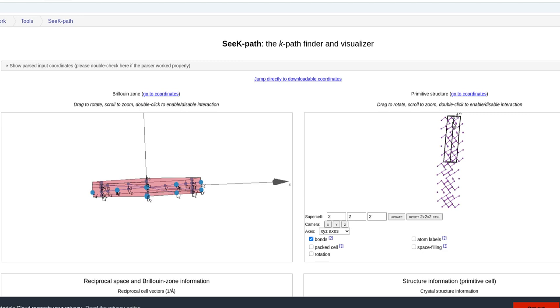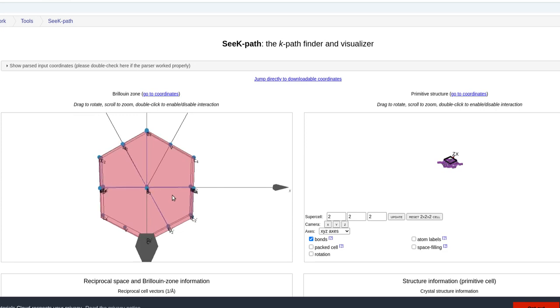For my unit cell, which is long in that direction, in reciprocal space it will be short in that direction, and those short vectors will be really large in reciprocal space.